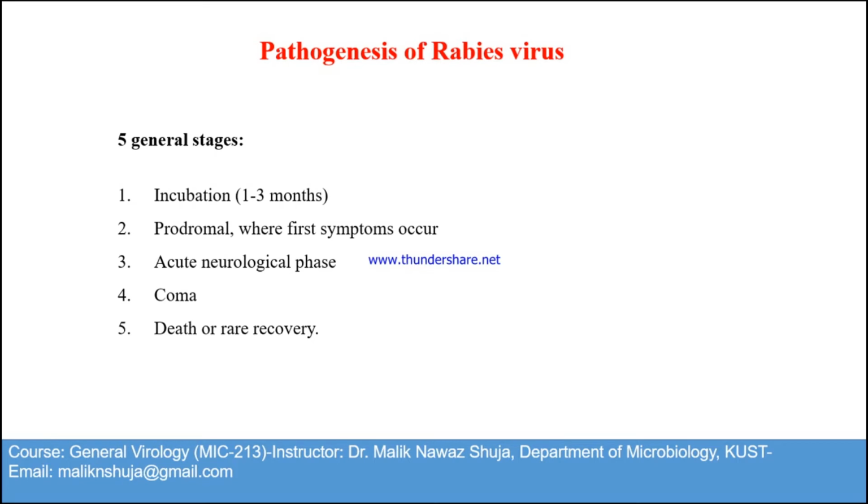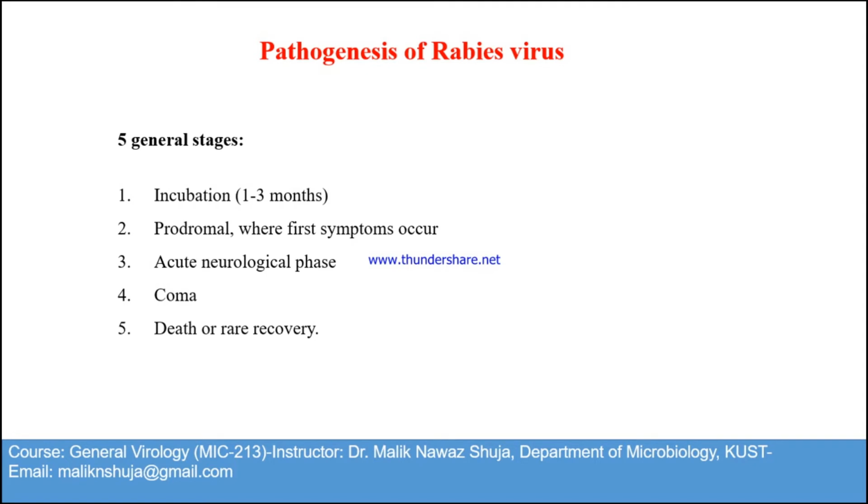There are five general categories or stages of rabies virus for its pathogenicity. The early general stage is the incubation. It takes maybe 4 days, maybe 5 days, maybe 1 week, maybe 2 weeks. Up to 3 months has been reported that the virus can be incubated. Prodromal is a medical term which is based on the first symptoms of its appearance.